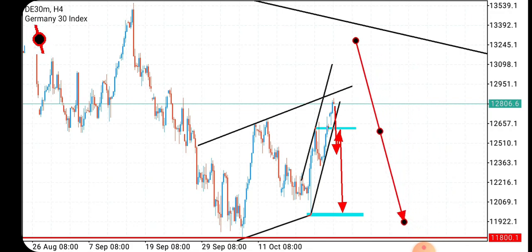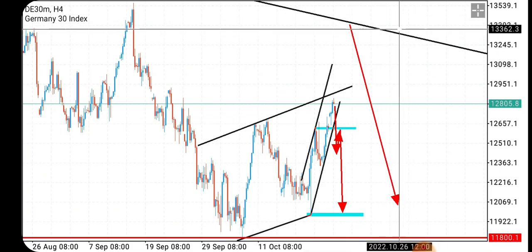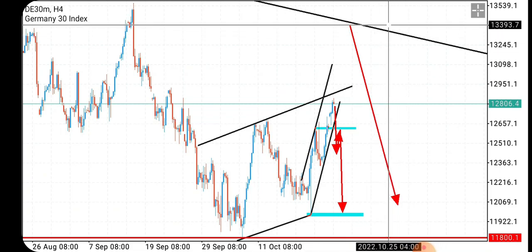And remember, there is a possibility for another touch on this downtrending resistance that we are having on our weekly time frame. This is a very strong downtrending resistance, because it is at a larger time frame.